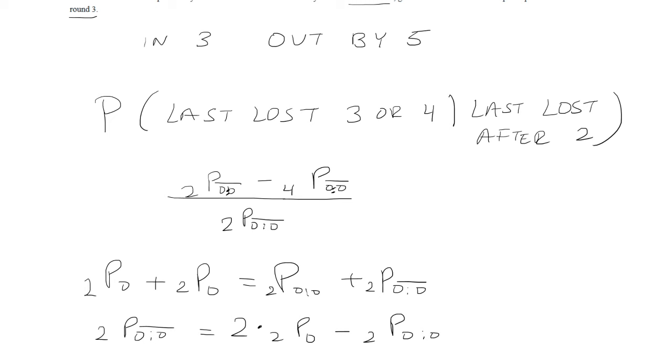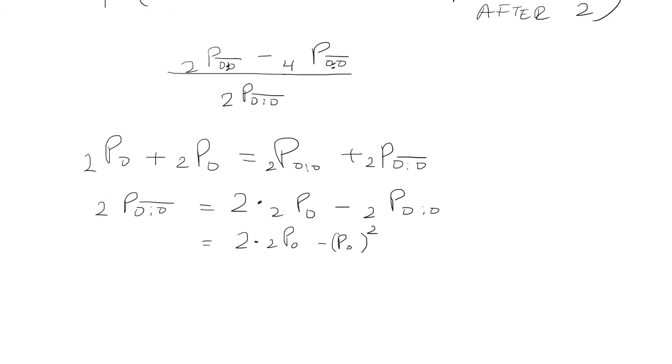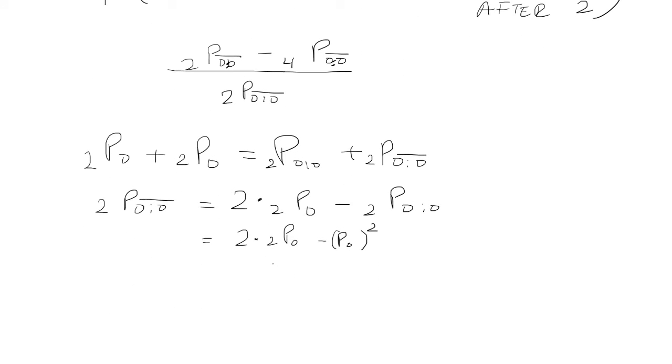And because these are independent, I can break this up like this. So P0 times P0, which is really the probability of surviving a round, squared. So I could just plug in the values. We know that for each round, the probability of advancing to the next round is 0.8.